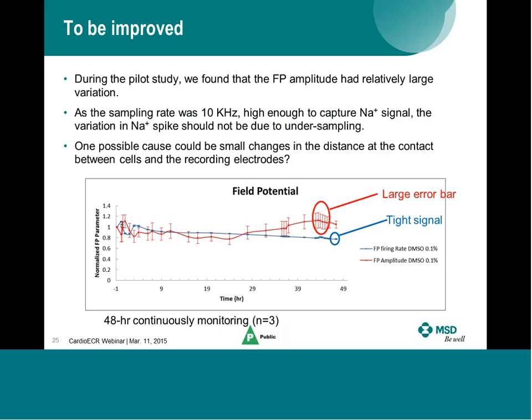So we thought about this, and one possible cause, more of a speculation, could be a small change in the distance at the contact between the cells and the recording electrodes. Of course, this is just an open speculation, but we do observe similar phenomena with other MEA systems. So I hope this can be an open question for people to discuss.